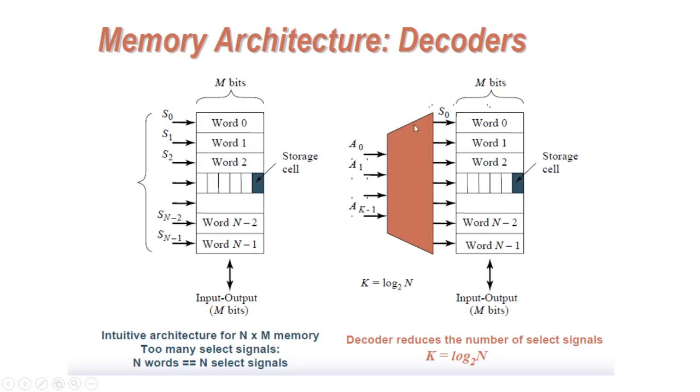But when it comes to a decoder, even though you have the same n number of words, and in order to reach each word we need an address line, the actual address required to access a particular word can be drastically reduced if you use a decoder. A decoder is one which decodes.